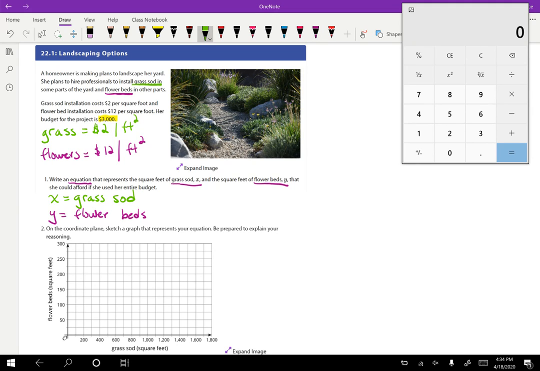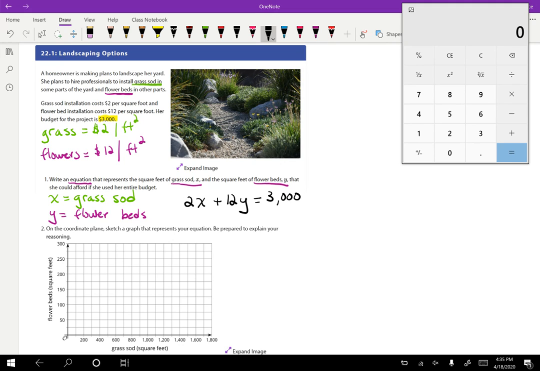We've worked a lot on writing equations. If it's $2 per square foot on grass and $12 per square foot on flowers, then our equation will look something like this: $2 per grass plus $12 per square foot on flowers, and we're going to set it equal to 3,000 because she's budgeting $3,000. So that's part 1, pretty simple.